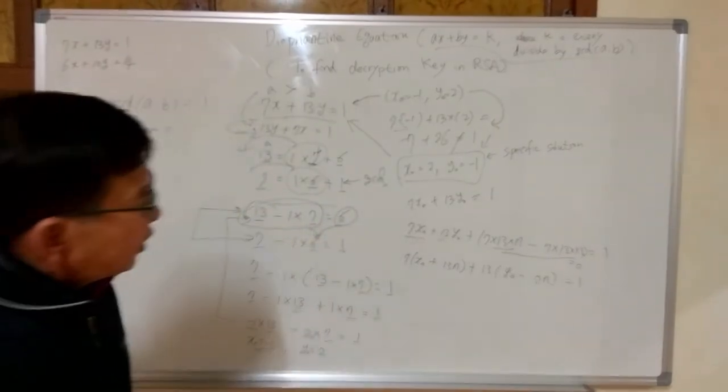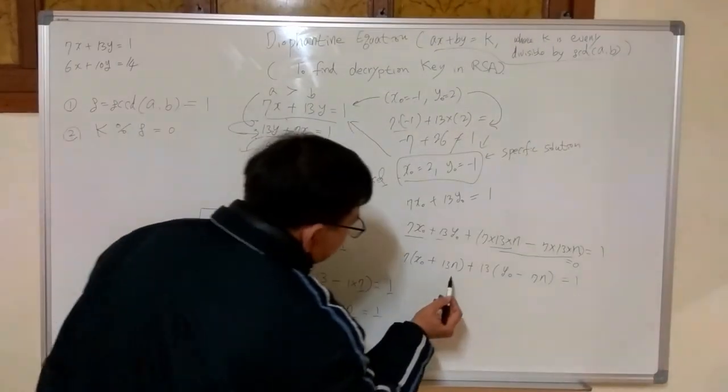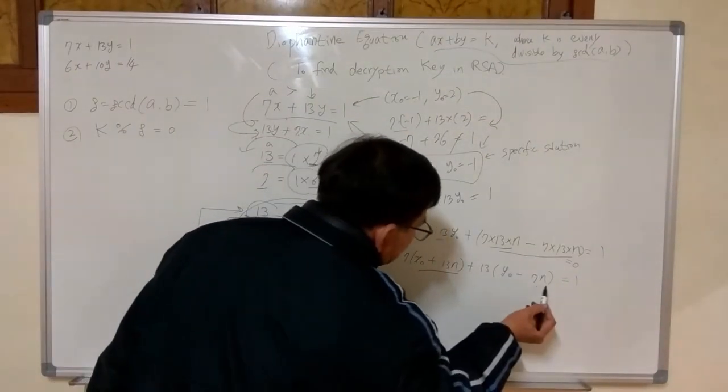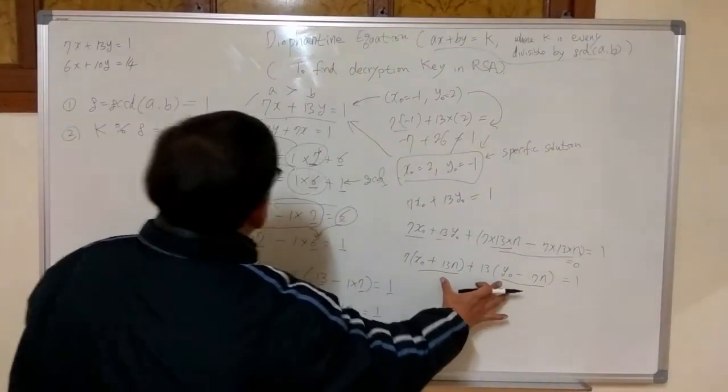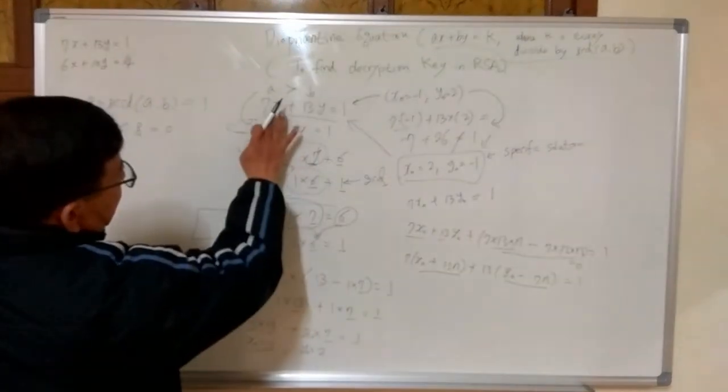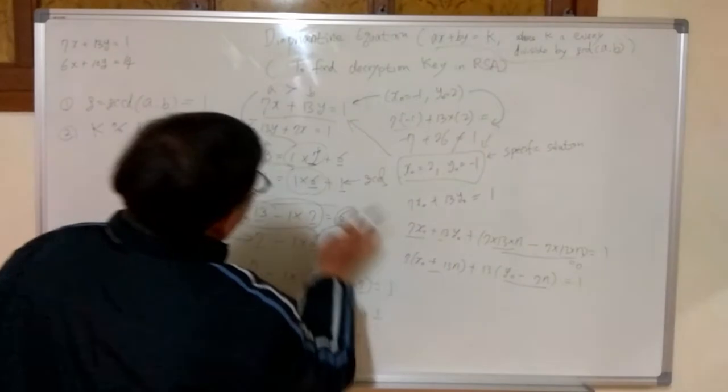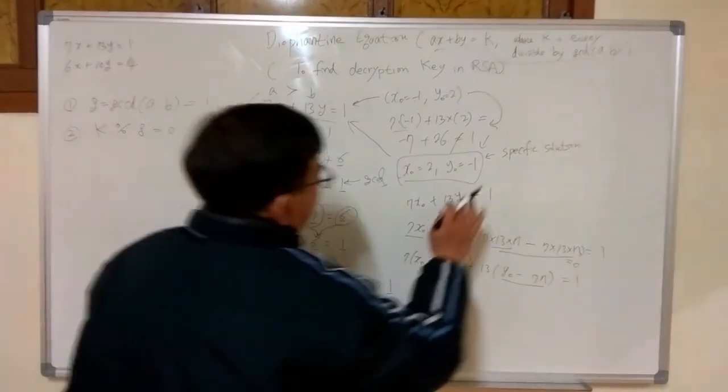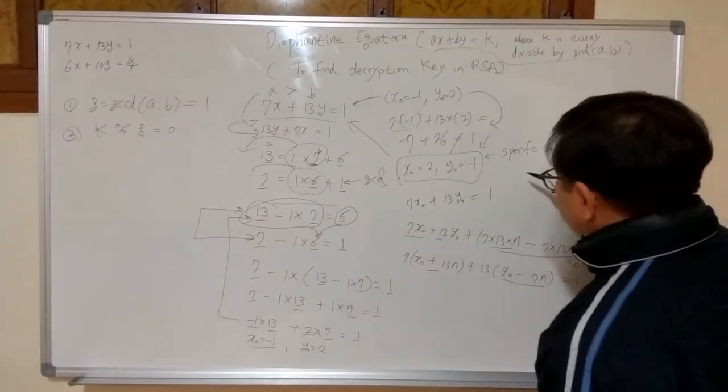We have this equation. So this is the general solution. If we compare these two equations, x is this term, y is this term. So we have another solution here.